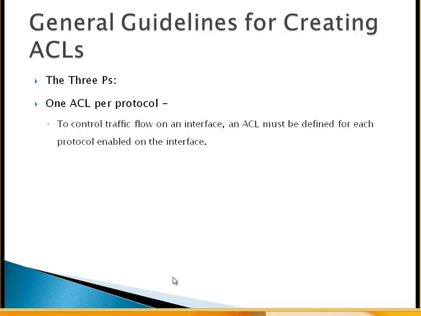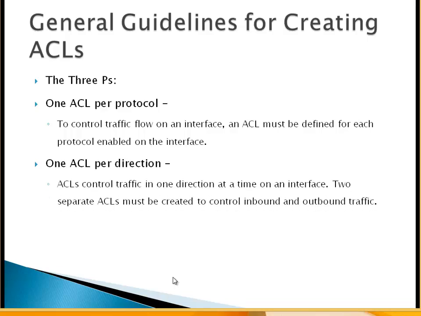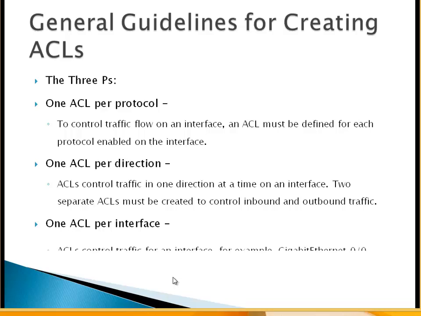So if you're running IP and IPX, you can have 2 access lists. One ACL per direction, so one could be inbound and one could be outbound. And one ACL per interface.